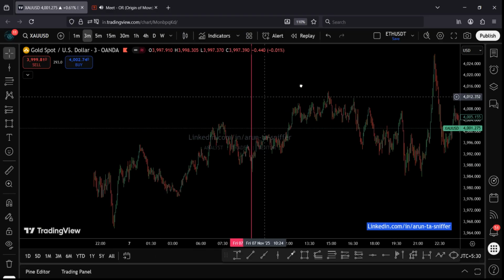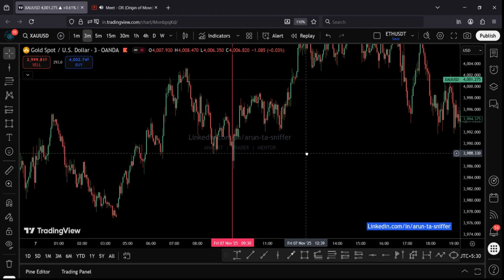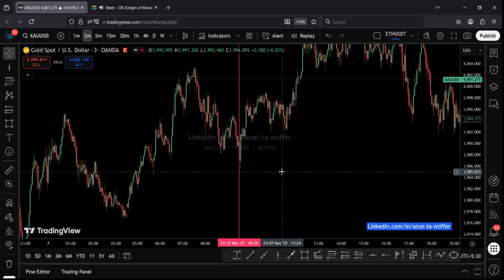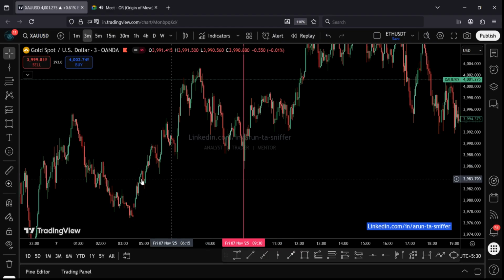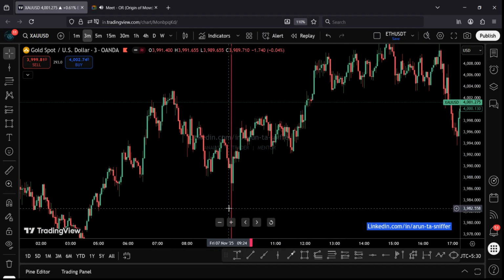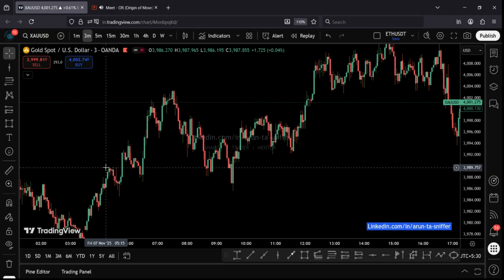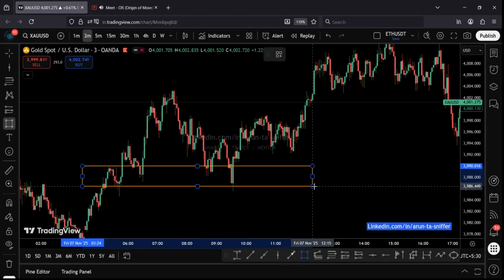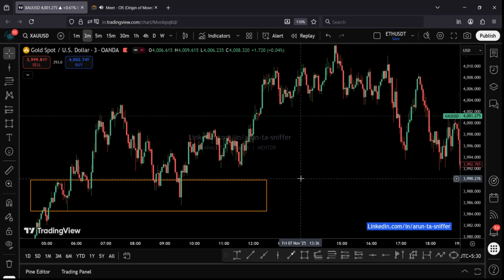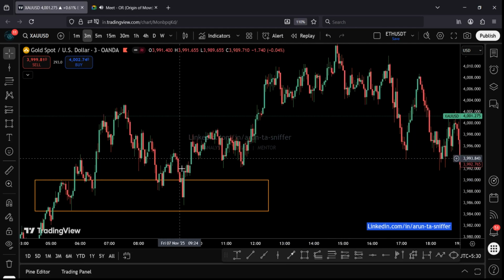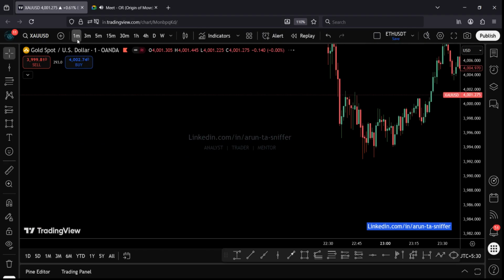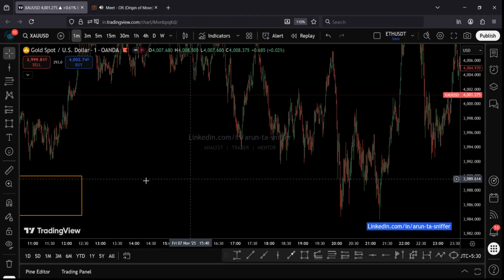Okay, this is the zone. Assume this is our true zone. Price came and hit here, right?